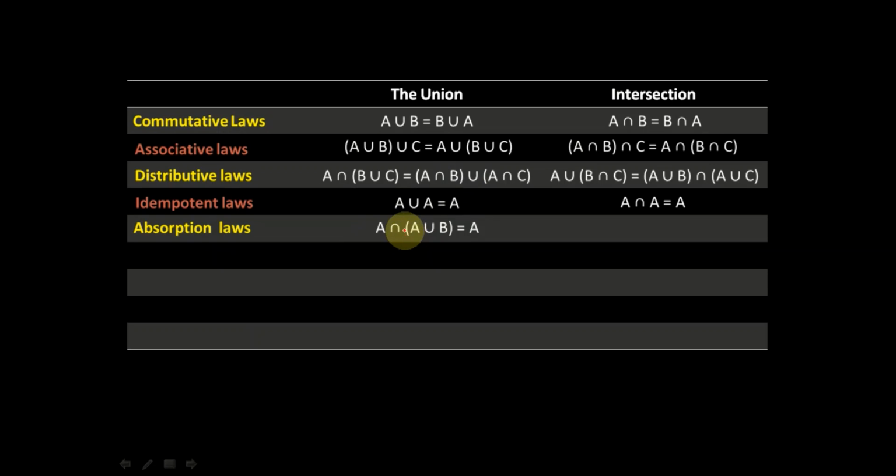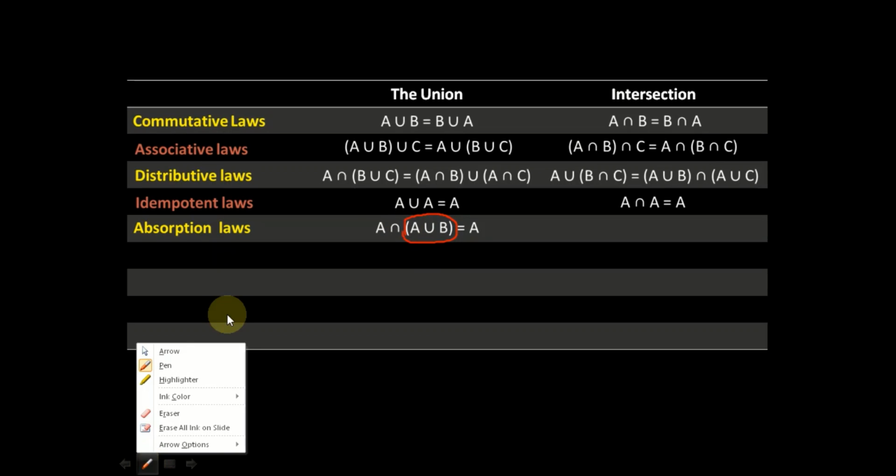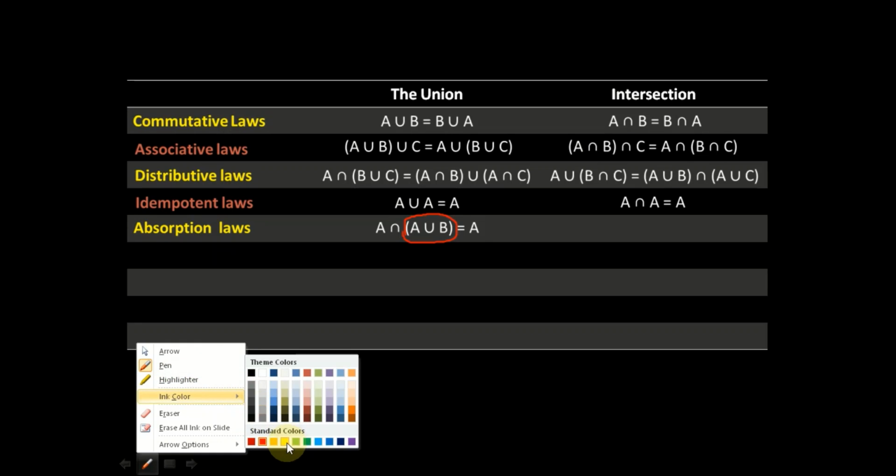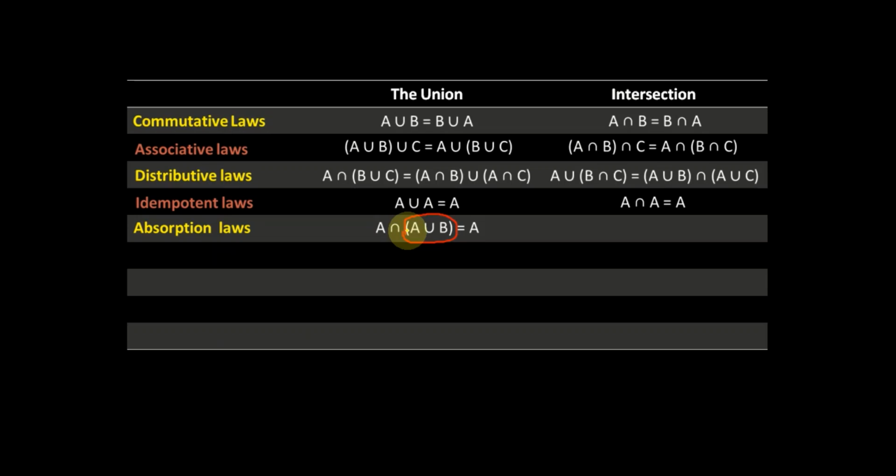Note here, on this side we have the union of A and B. The union of A and B is just the combination of A and B. So that means the union of A and B will contain all the elements of A and all the elements of B. Now since this side contains the subset of A and that side also contains the subset of A, that means the intersection of these two sets will be A.